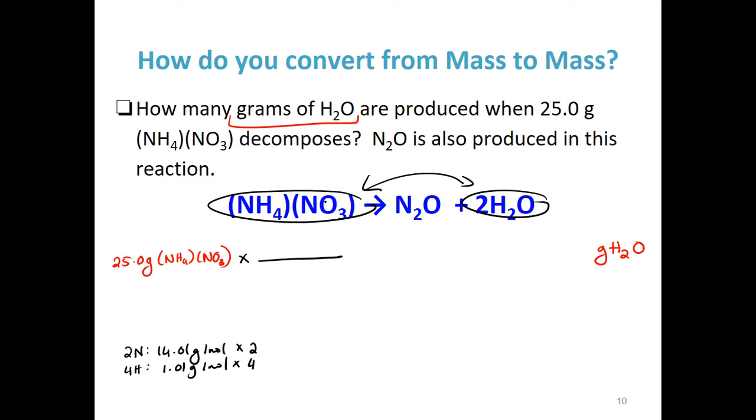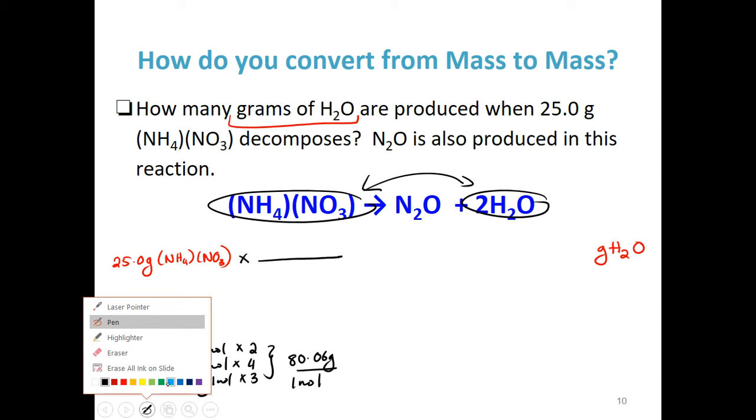And then I have three oxygens, so that's going to be 16 grams per mole times 3. If you add this all up, you should get 80.06 grams per 1 mole of this ammonium nitrate. So that's the first conversion here.